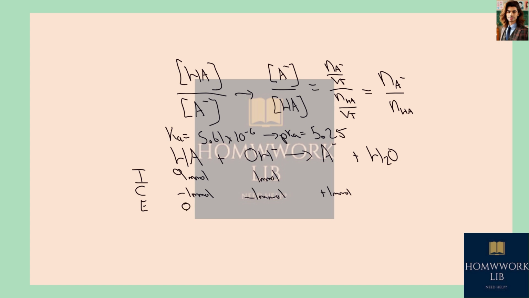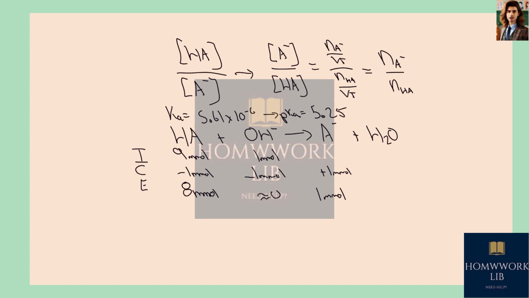At the equilibrium, we're going to end up with 8 millimole, something close to zero, and 1 millimole. As you can see in this reaction, we have present in solution an acid and its conjugate base. That means that we have a buffer.